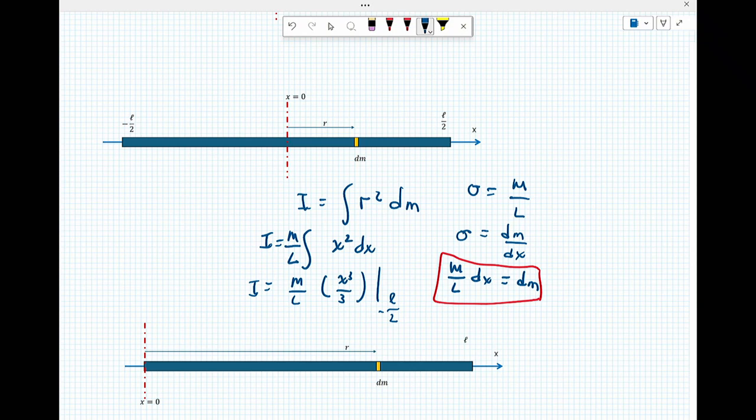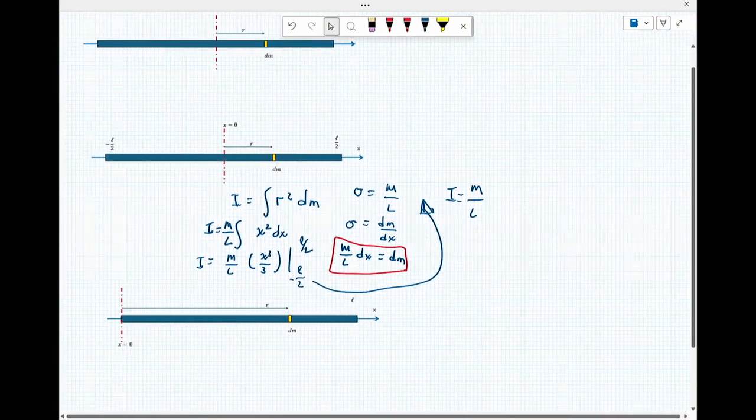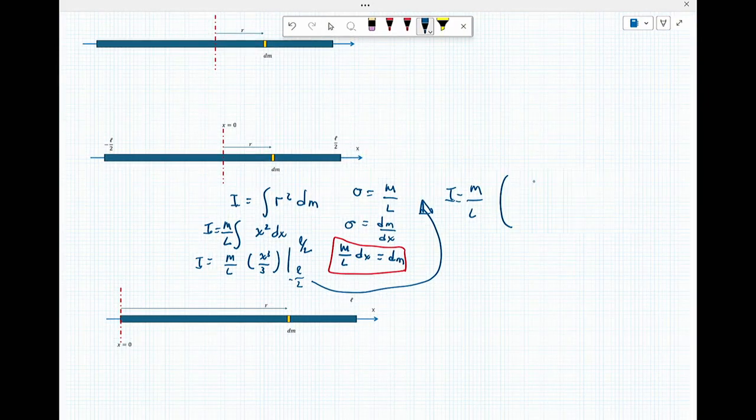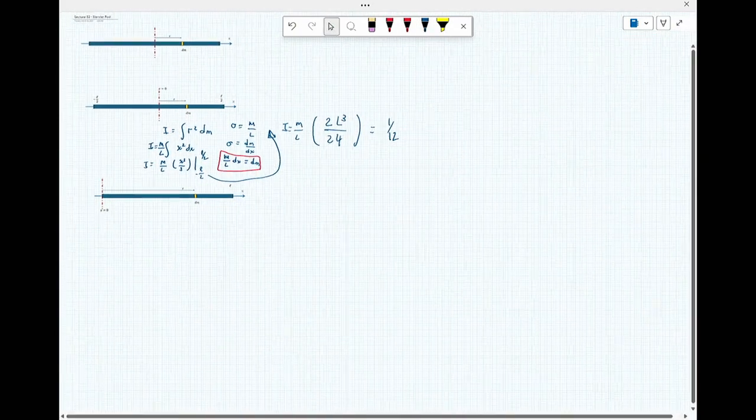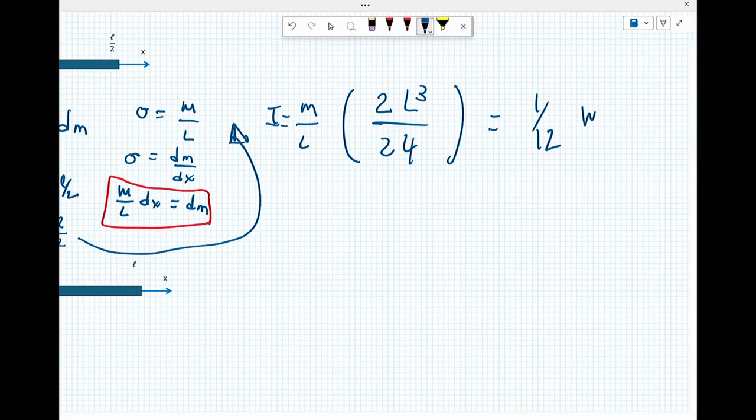So if I do that, I ends up being m over L times 2L cubed over 24. And that will equal 1/12 ml squared.